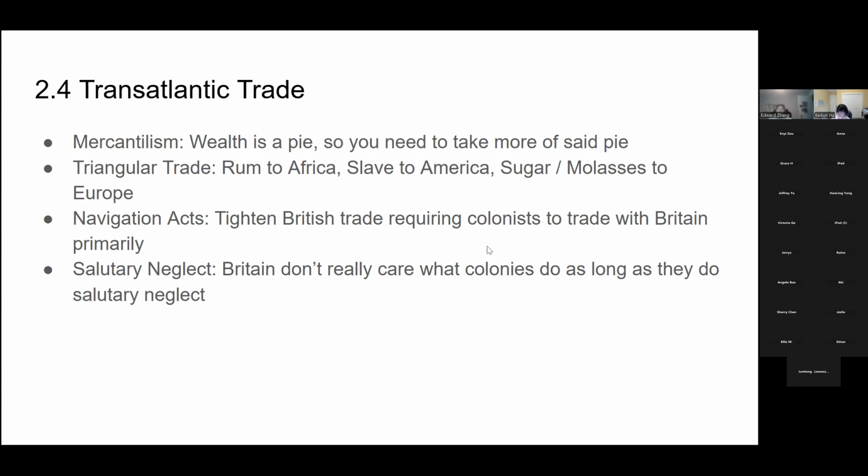They had no say in the parliament, no say in the British Congress and stuff like that. Which means that Britain didn't really care what they did as long as they followed the Navigation Acts, because all they wanted was trade and they wanted domination of the seas. They wanted that money. Okay. So salutary neglect was used in combination with the Navigation Acts. And this sort of made it so the colonists were fine with Britain.